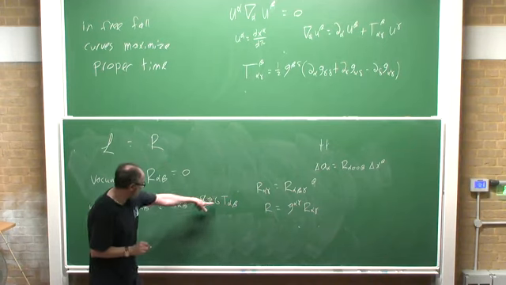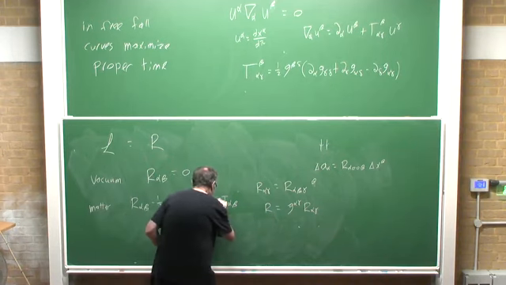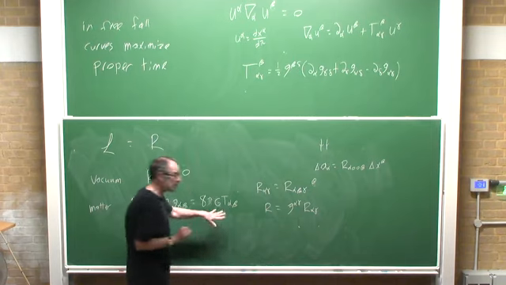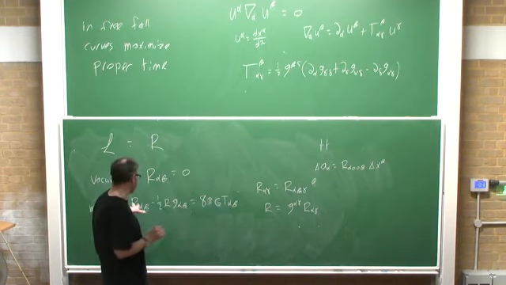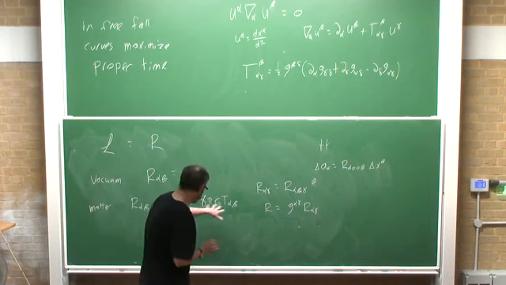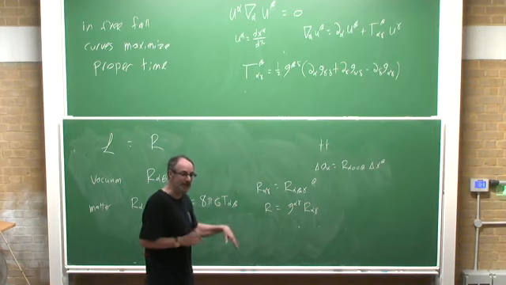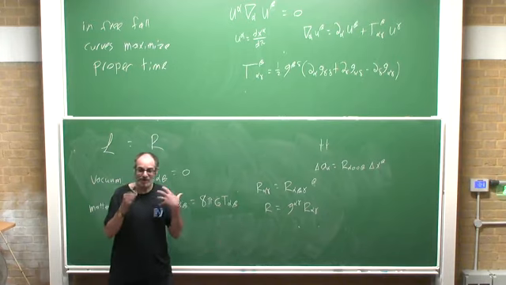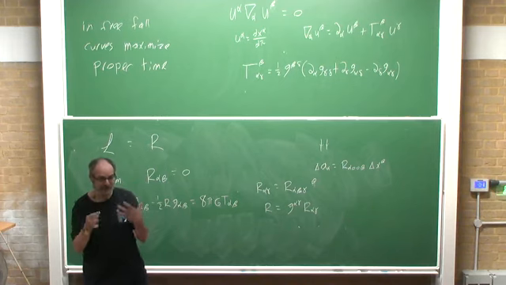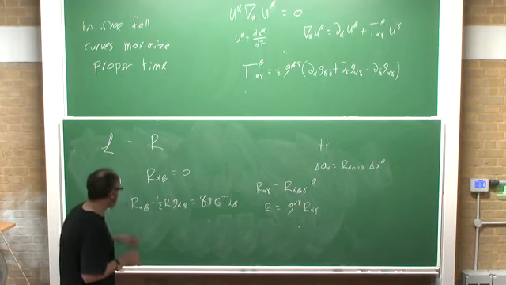In this case, the G on the right-hand side is Newton's gravitational constant. This is the relation between matter and gravity, and this T alpha beta is called the stress energy tensor, and it's basically the thing that tells you what the energy density is.